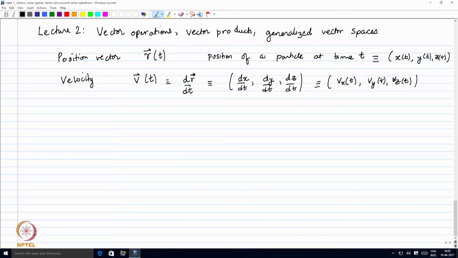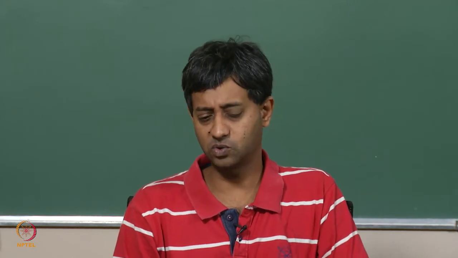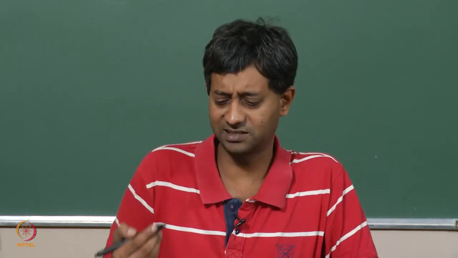So, you have seen things like the position vector and the velocity vector. You can have acceleration, which is a vector, you can have force, which is a vector, and so on. These are vectors that you have been seeing in classical mechanics for a long time, and they are also seen in different branches of physics and chemistry.